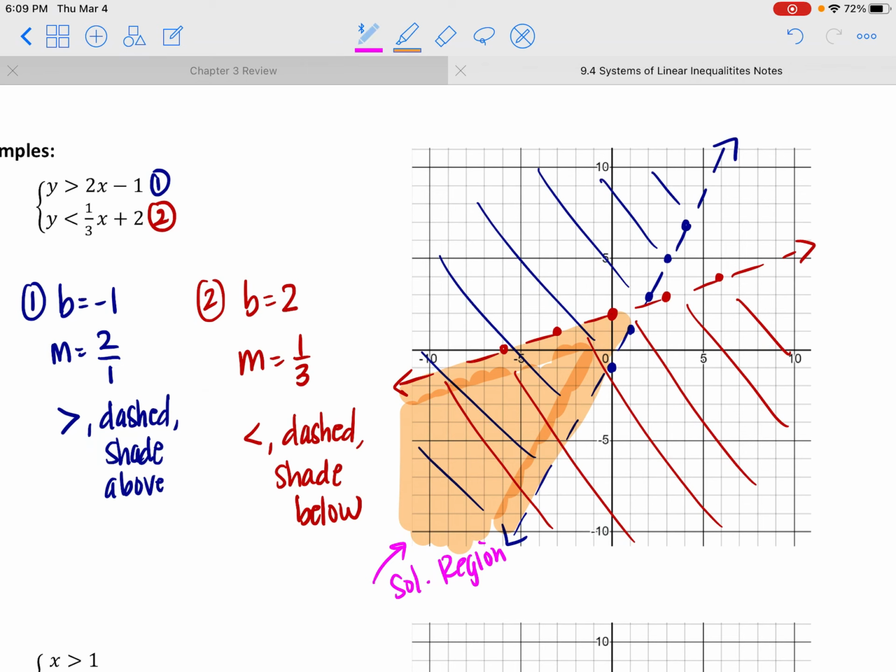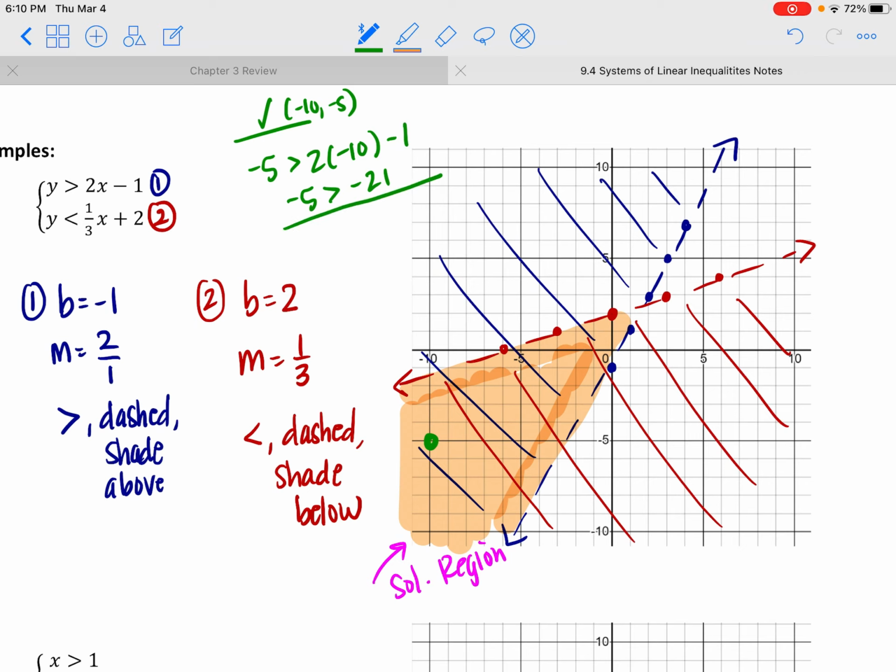It's very clear to me that -10, -5 is a solution according to my graph. So if I put -10, -5 in, let me just show you how this works. The point is -10, -5. I would put -5 in for y, put -10 in for x, and make sure we get a true statement. So -5 is definitely greater than the -21 that's on that side. And it should work for both.